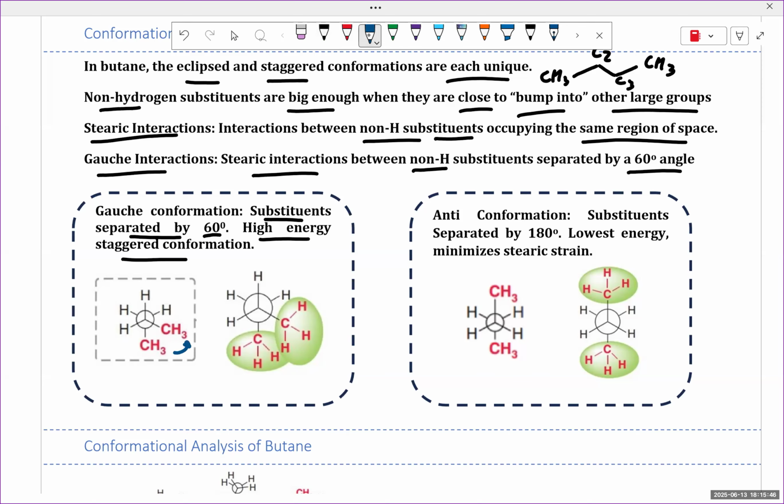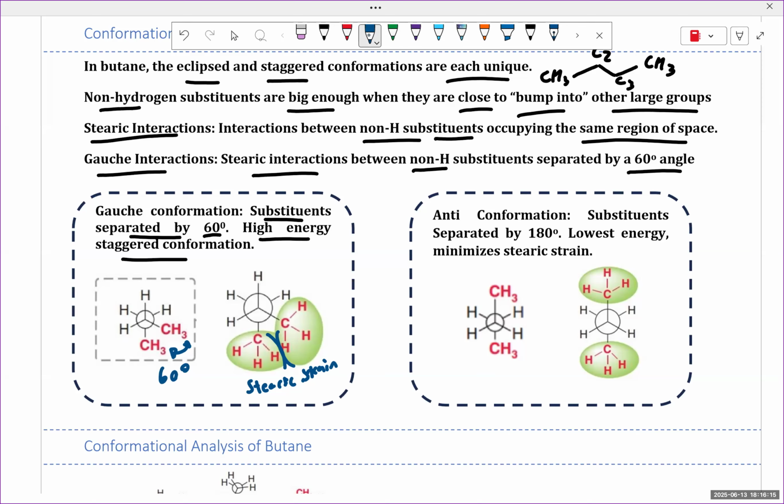So as you can see in this case, the two methyl groups are separated by a 60-degree dihedral angle. They are staggered, but because these methyl groups are so big, they bump into each other and introduce steric strain. So a steric interaction occurs because you have large substituents that are trying to occupy the same region of space, and they bump into each other, and that introduces a lot of strain.